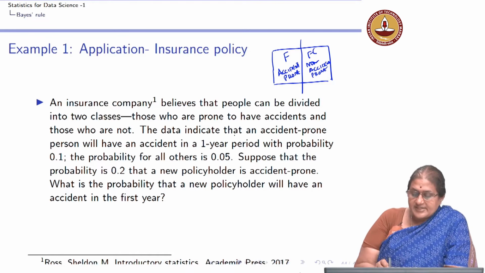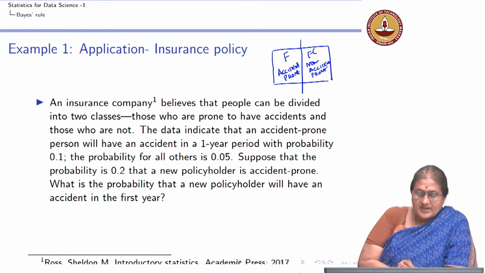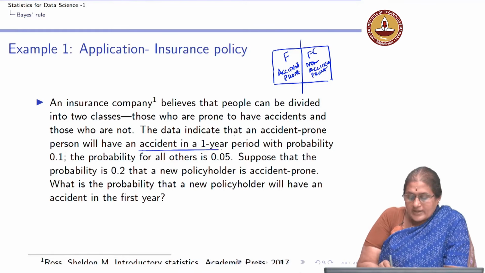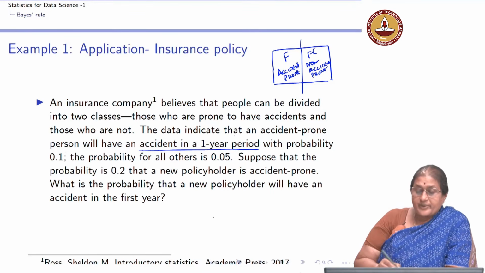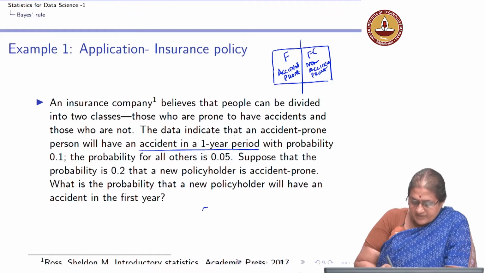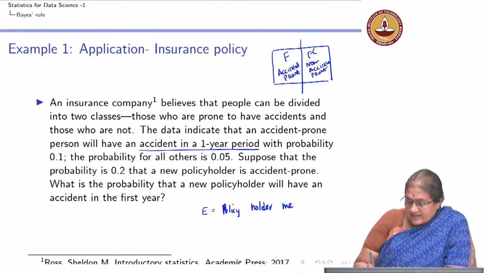Now, the data indicate that the accident prone person will have an accident in a 1 year period with probability 0.1. So, I have another event that is being defined and let me call that event E, which is the event of a person or a policy holder meeting with an accident in a 1 year period or within a year.